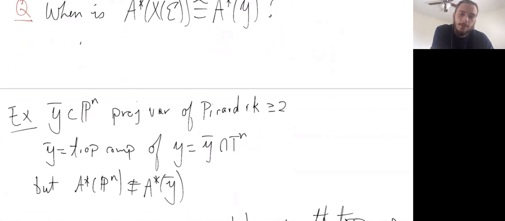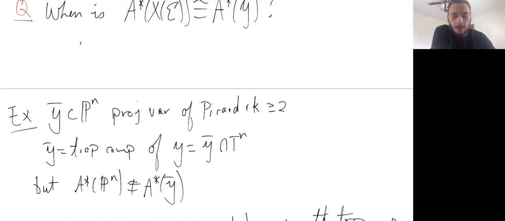If I just take any projective variety whose Picard rank is at least 2, and take a tropical compactification of its intersection with a standard torus in projective space, we cannot have an isomorphism of Chow rings here, because the Picard rank on the left is 1 and on the right it is at least 2.